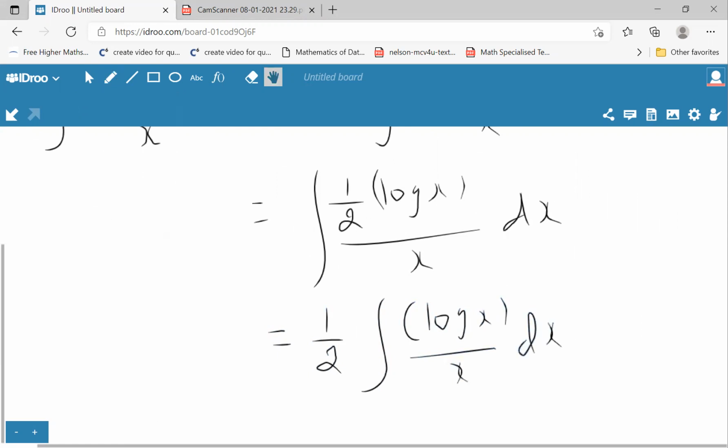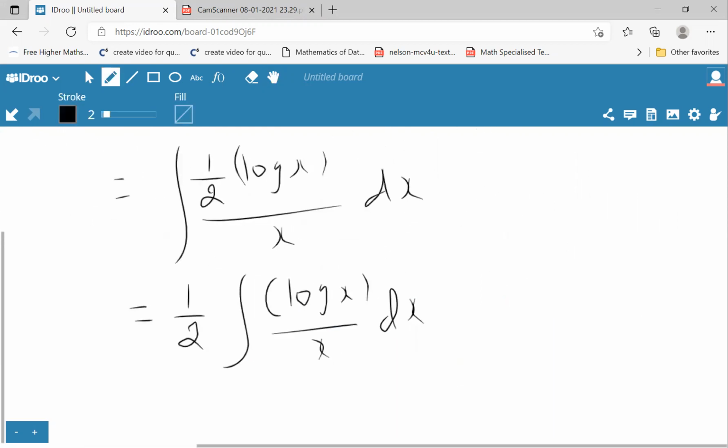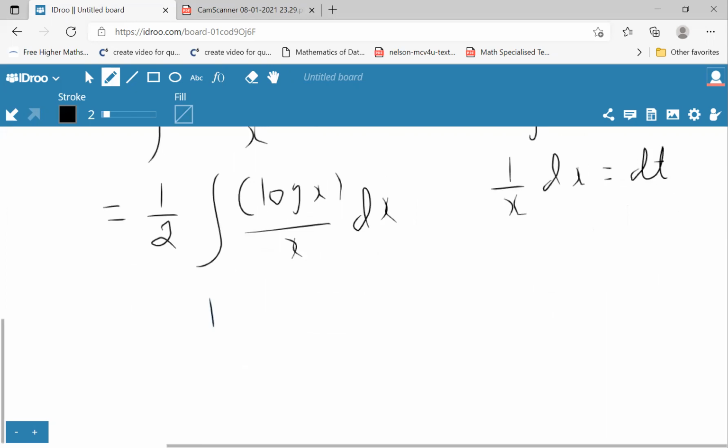Now this is going to be very simple. We can solve this by the method of substitution. Let us take log x to be t. Differentiating on both sides, you get 1 by x dx is equal to dt. So in the place of dx by x, I can put dt, and in the place of log x, I can put t. So half integration of t dt.